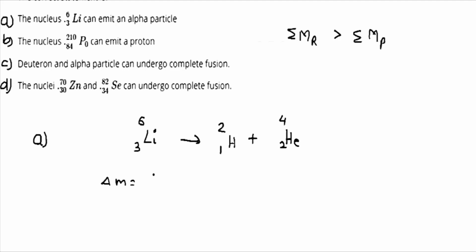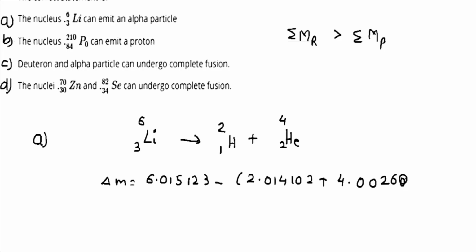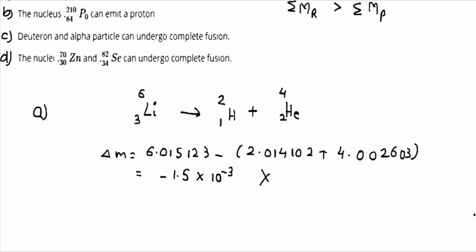Now, if we put in all the values, it would be 6.015123 minus the sum of the masses here, 2.014102 plus 4.002603. These are the masses. Now, if we calculate this value, it would turn out to be minus 1.5 into 10 raised to the power minus 3. That means this is not possible, because the reactant mass is not greater than the sum of the masses of the products.